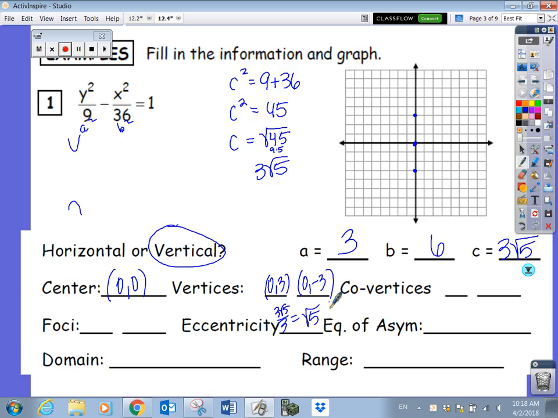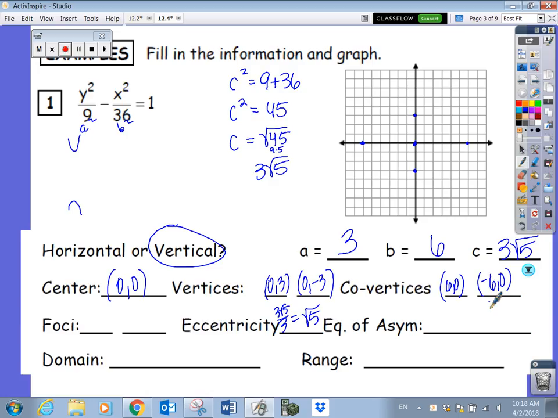If you want to write those together, 0, comma, plus or minus 3, that's fine too. The co-vertices are going to move left and right. That's underneath the x, so we move 6 to the right and 6 to the left. And those are your co-vertices, which is going to be 6, 0 and negative 6, 0, or plus or minus 6, 0 would be fine if you like writing them together.